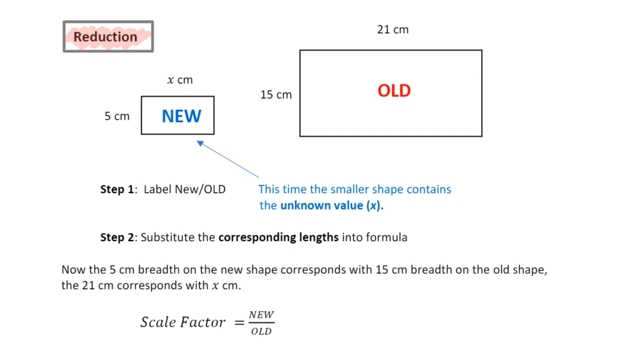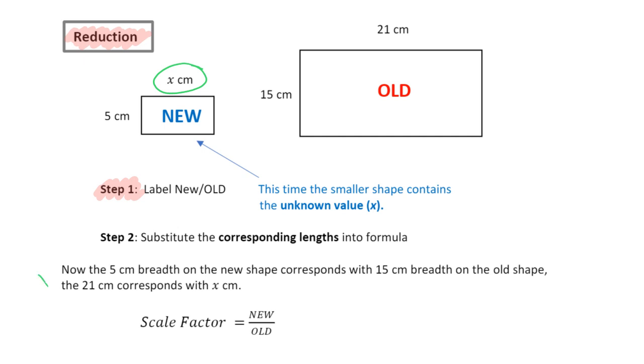So as you can see, where I've labeled step 1, this time the smaller shape contains the unknown value. So that smaller shape contains the unknown X, and therefore the smaller shape is now the new shape. Okay. And when we come down to the scale factor formula, that's going to reverse some of the values.